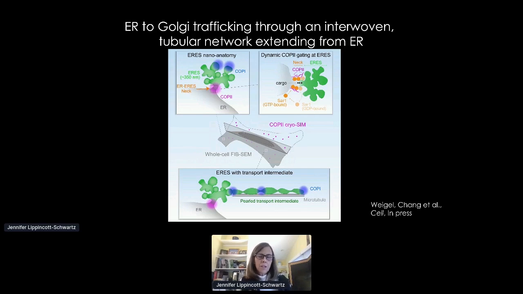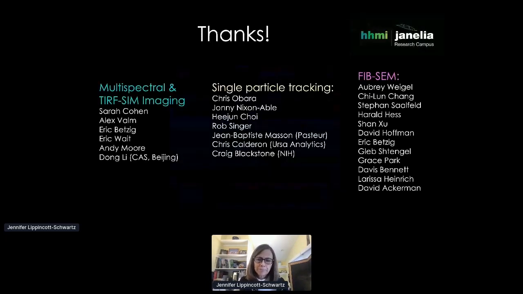In the upper left, we think the COP2 is maintaining the neck region of this elaborate outgrowth of the ER that we call the ER exit site. COP1 is operating on the periphery of that. And when cargo starts moving out of the ER exit site, it's basically protruding membrane from that site along a microtubule. So with that, I want to end and thank you for your attention.